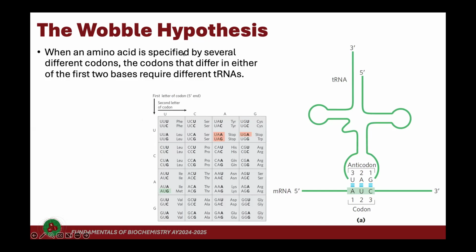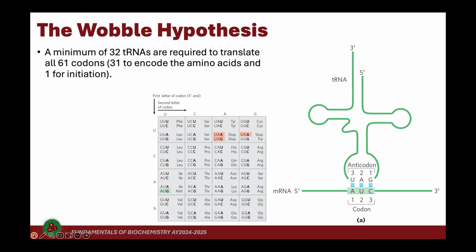So when an amino acid is specified by several different codons, the codons that differ in either of the first two bases require different tRNAs. So for example, for leucine, UUA will require a different tRNA from CUU because they differ in the first nucleotide. Okay?